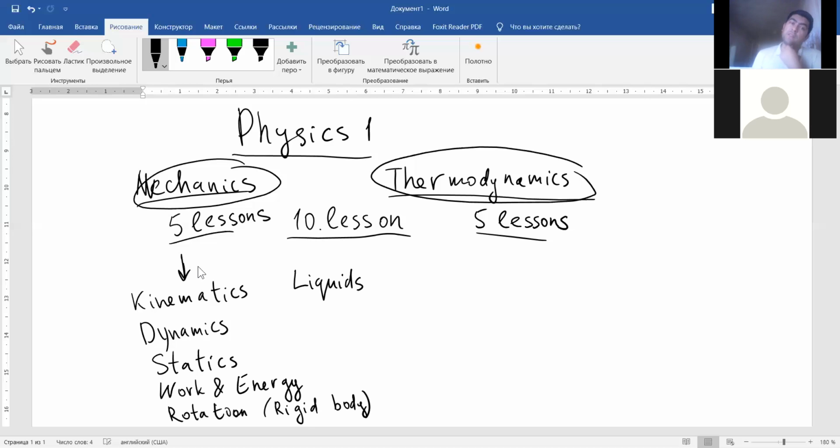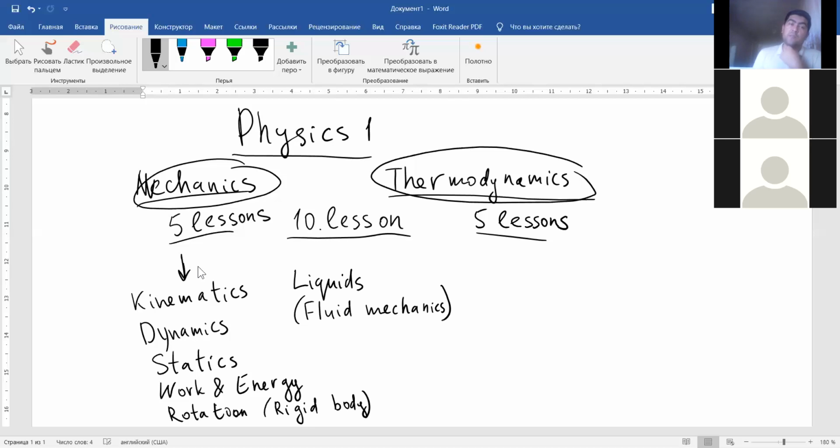This is also mechanics. Sometimes it's called fluid mechanics. We deal with fluids. This is the mechanics part.